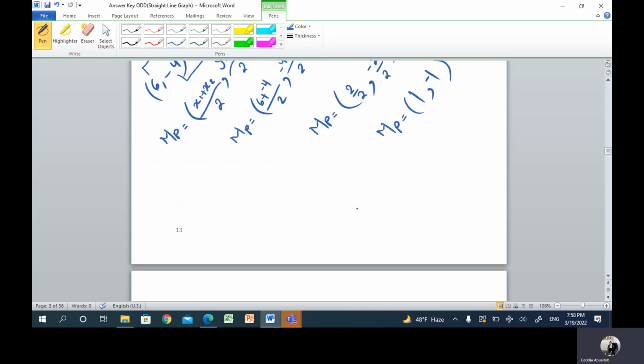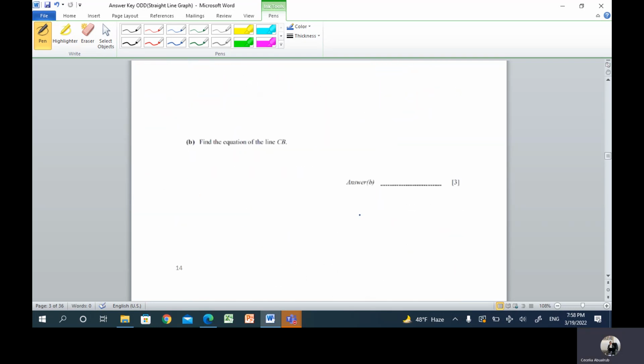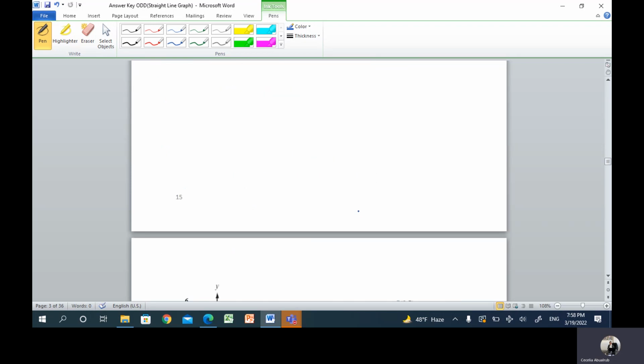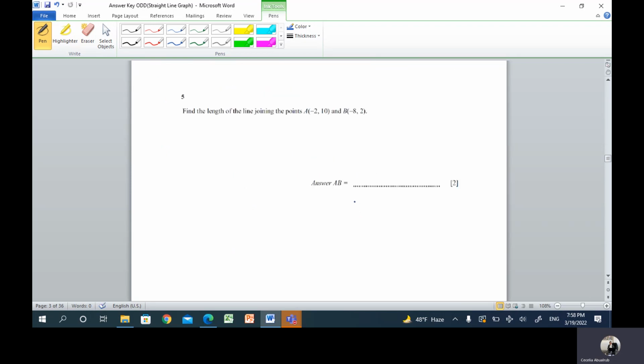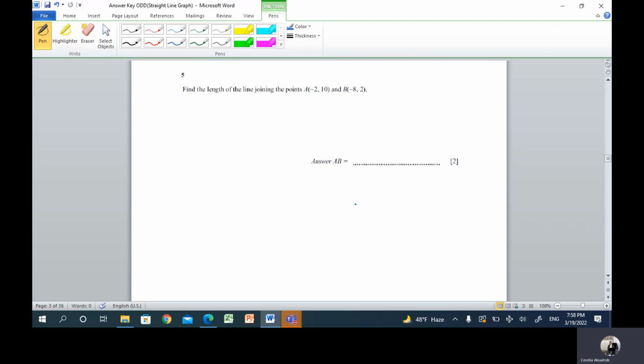Okay, so let's move to page 15. This is page 15. Find the length of the line joining the points. So the length of the line or the distance.